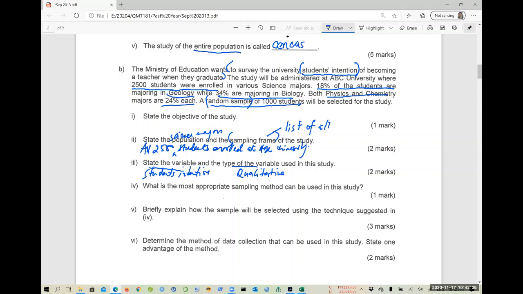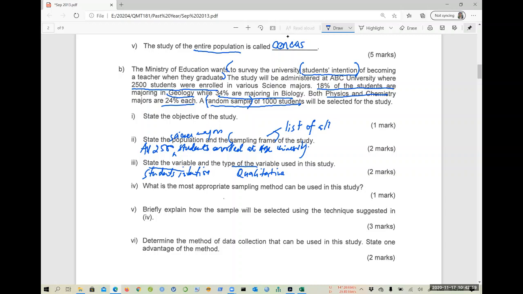And then I divide each of these science majors into their year of study, maybe year 1, year 2, year 3, year 4. So there exist two levels of grouping. So when this happens, then you're going to say that you are using multi-stage, right?